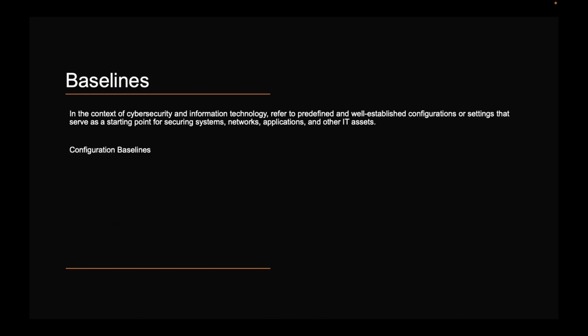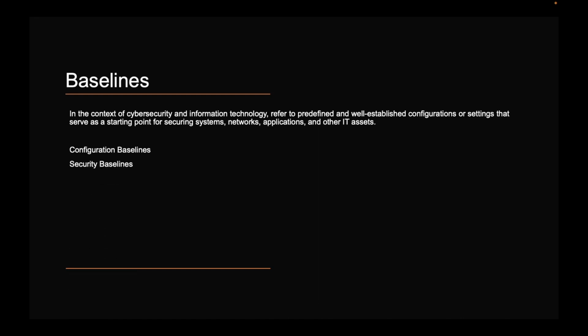Configuration baselines. These define the recommended settings, configurations, and security controls for various IT components, such as operating systems, network devices, databases, and applications. They help to ensure that systems are properly configured and hardened against common security threats.